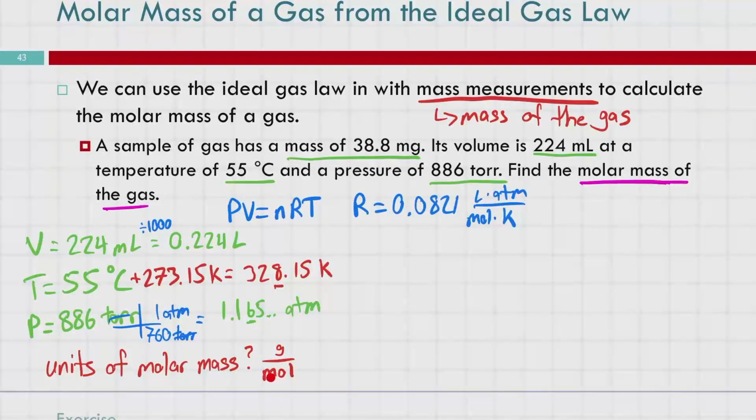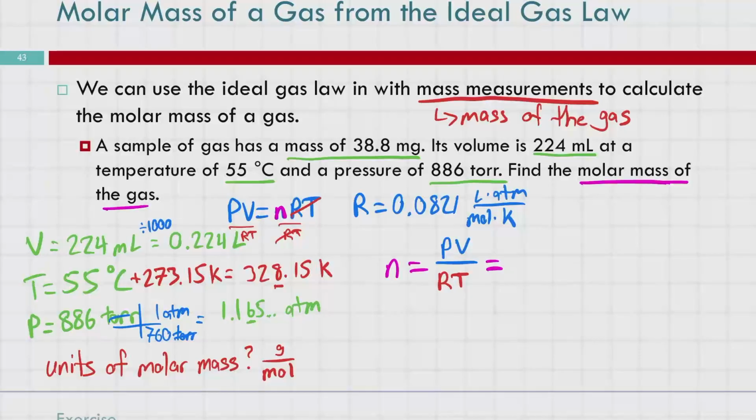So what we're looking for with this PV equals nRT is moles, the n here. So we have to move our RT. So our RT cancels on the right side, moves to the left side. We've got n equals PV over RT. And we've got P, V, R, and T. We even have them in the correct units because we did the conversions already.